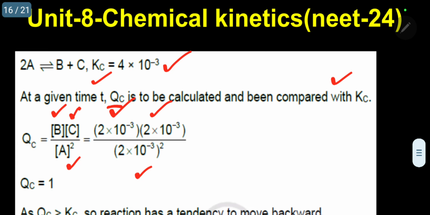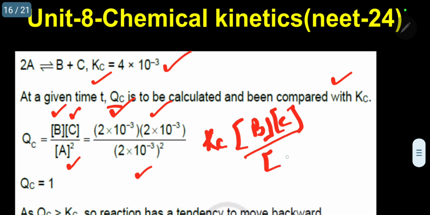So B whole square means the total Kc value, we can express as B into C by the corresponding A square. So this is at the particular, specific time.